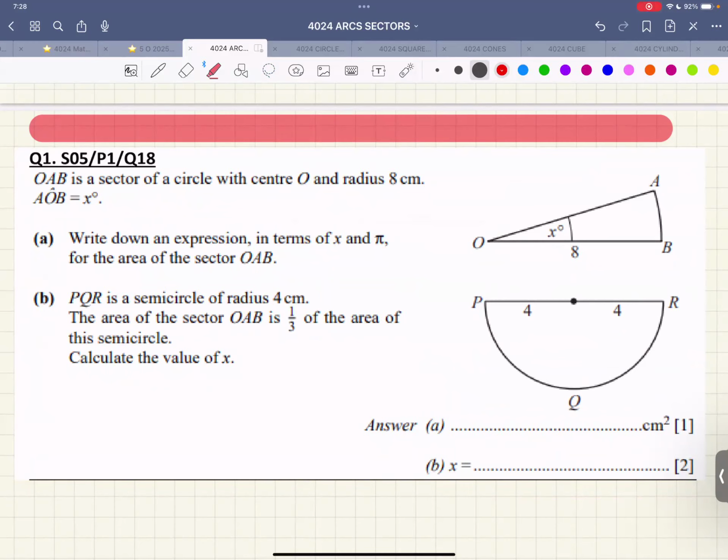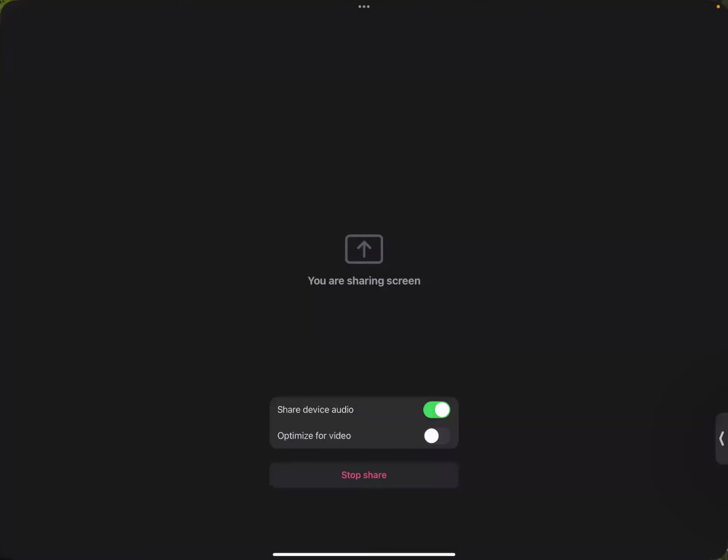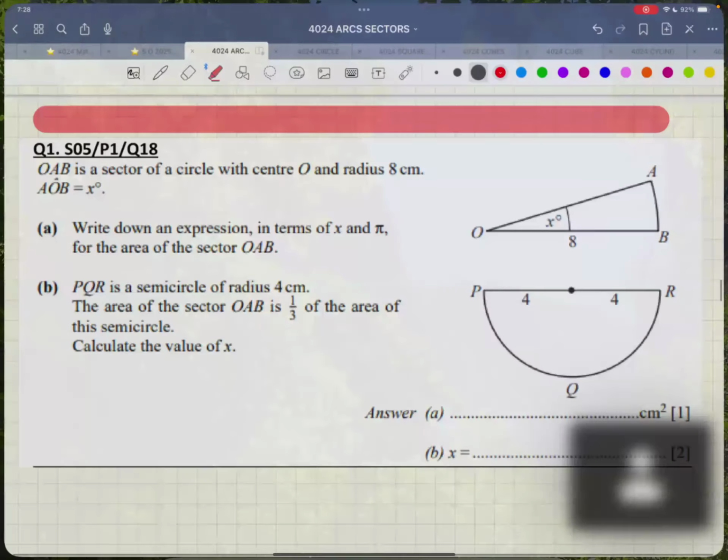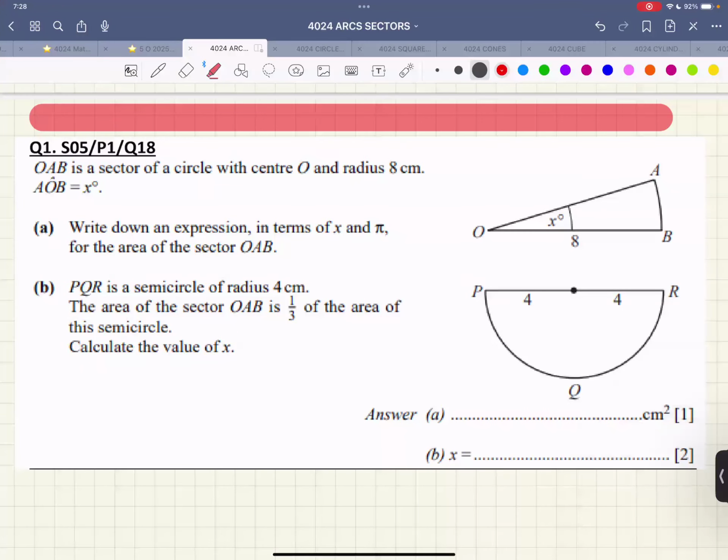It says OAB is a sector of a circle with center O and radius 8 centimeter. AOB is x degrees. Write down an expression in terms of x, pi for the area of sector OAB.